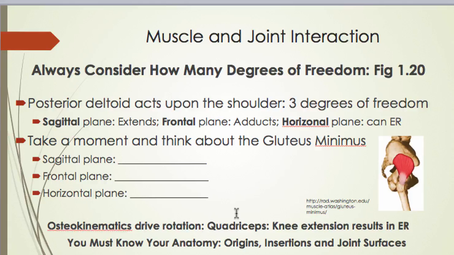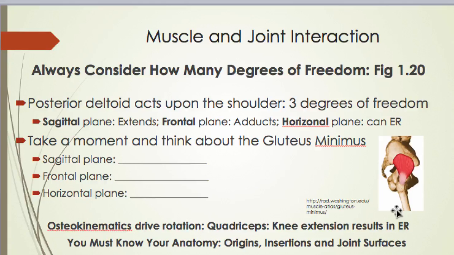In the frontal plane, what does it do? Abduction or adduction? Correct, abduction. And in the horizontal plane, what is it capable of doing? Since the pull of the muscle is anterior to the greater trochanter, does it internally rotate or externally rotate the hip?